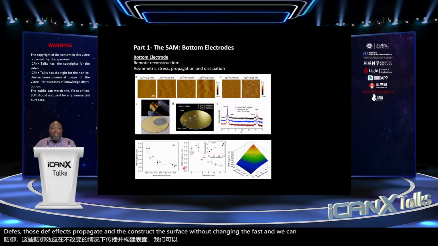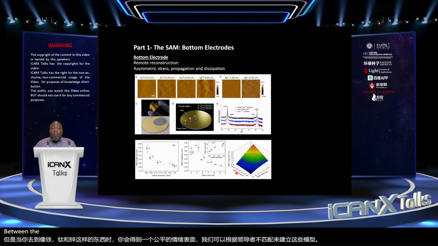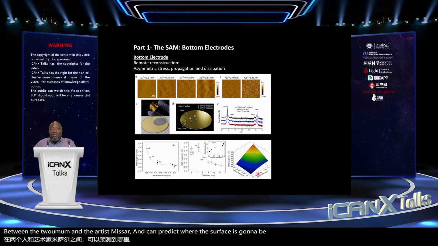And we can tune this roughness very well depending on what add layer you add. With aluminum, you don't make a lot of changes to the RMS, but as you go to things like iron and titanium and zinc, you get fairly smooth surfaces. And we can model this based on the redox mismatch between the two and the lattice mismatch, and we can predict where the surface is going to be. It's very tunable.